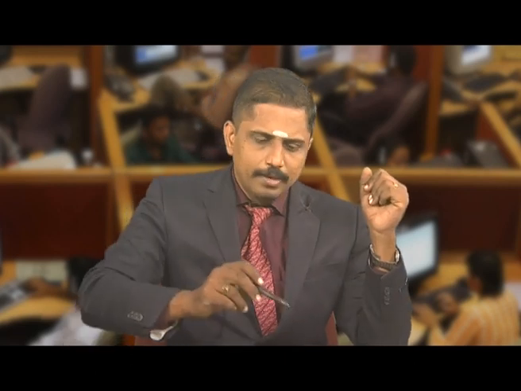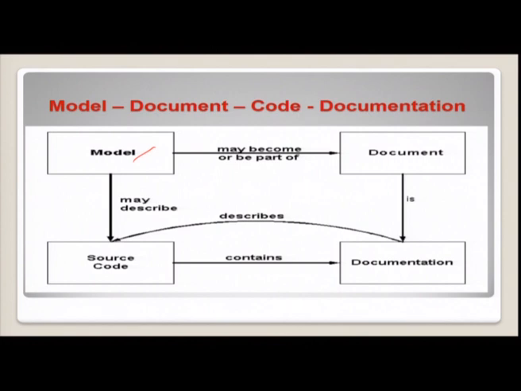Now let us see how a model gets converted into a document, how from the document it is taken into the source code, and from the source code overall how it becomes documentation. From the model, which speaks about the design part, we are going to develop a small prototype, then it may become part of a document, and we will be enhancing this prototype.